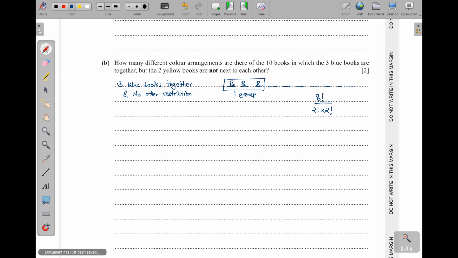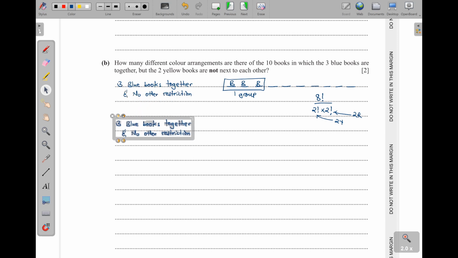Let me write here, this is for 2 reds and also for 2 yellows. Then I can also have 3 blue books and the 2 yellows are together.